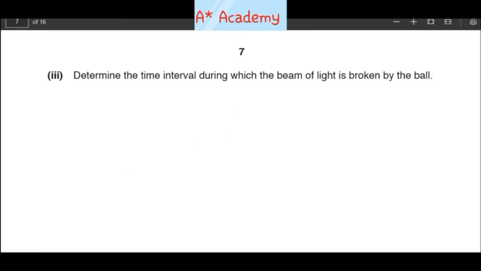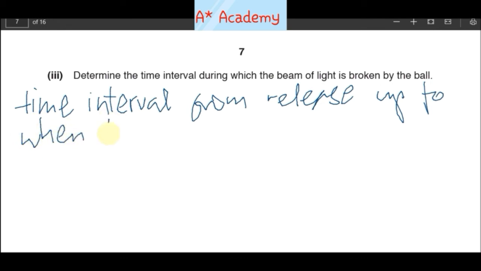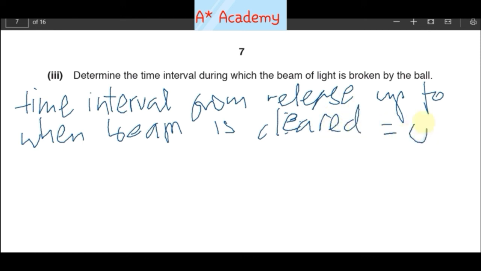Remember, the time interval from release up to when the beam is cleared is equal to 0.271 seconds.